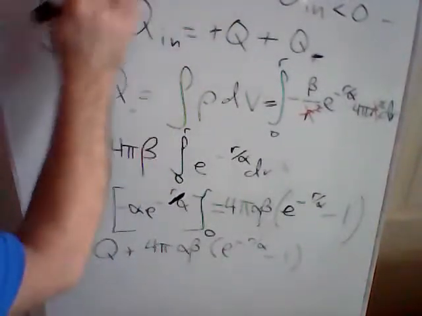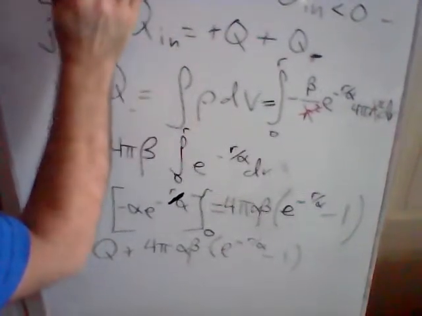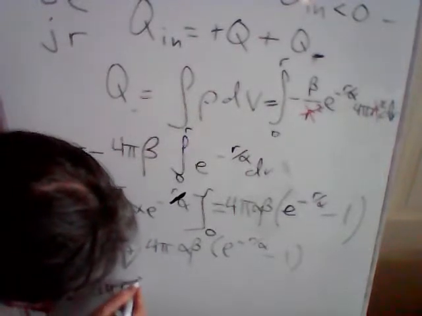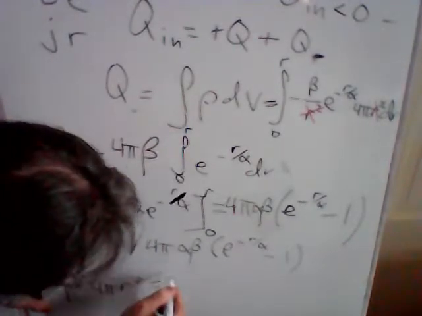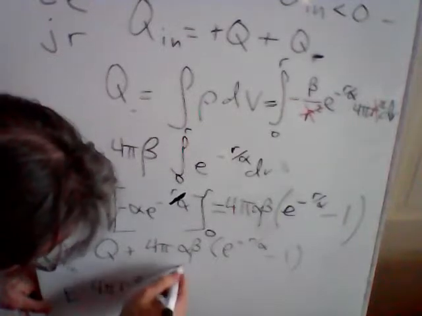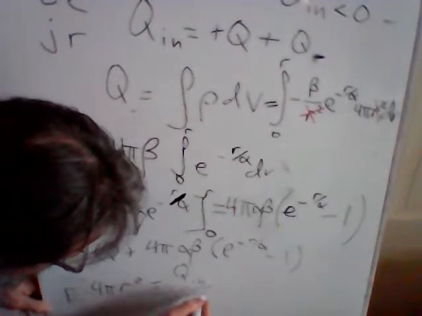So we have our inside charge. That's this value right there. And then the electric field is, of course, constant, so it's E times 4 pi R squared. So E times 4 pi R squared equals Q inside divided by epsilon naught.